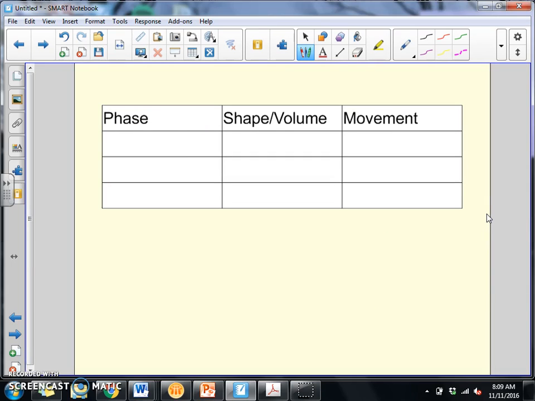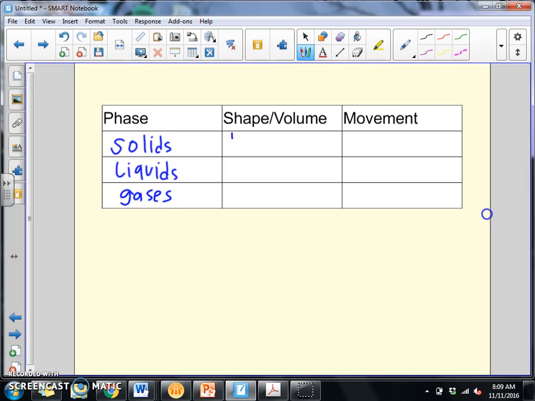We know that our three phases that we're talking about are solids, liquids, and gases. Now, with our solids, liquids, and gases, we need to think about what the shape and volume are.